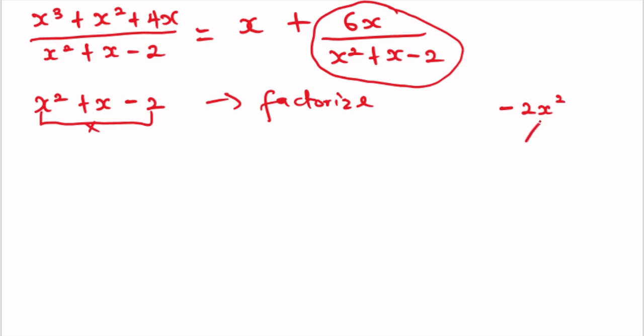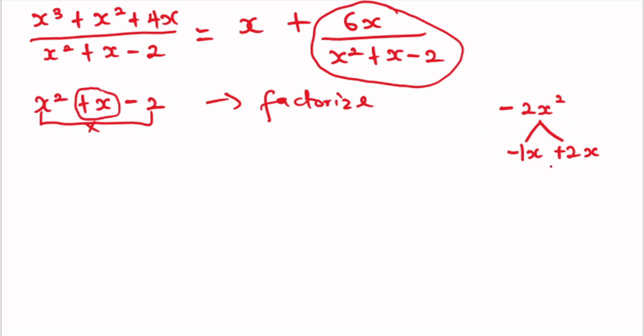So we have to look for the factors of this, which will be minus 2x squared. We can get minus 1x times 2x. We use these factors to know if they can fit into the plus x which we want to replace. So minus 1x times 2x, when we multiply them together, we get minus 2x squared.